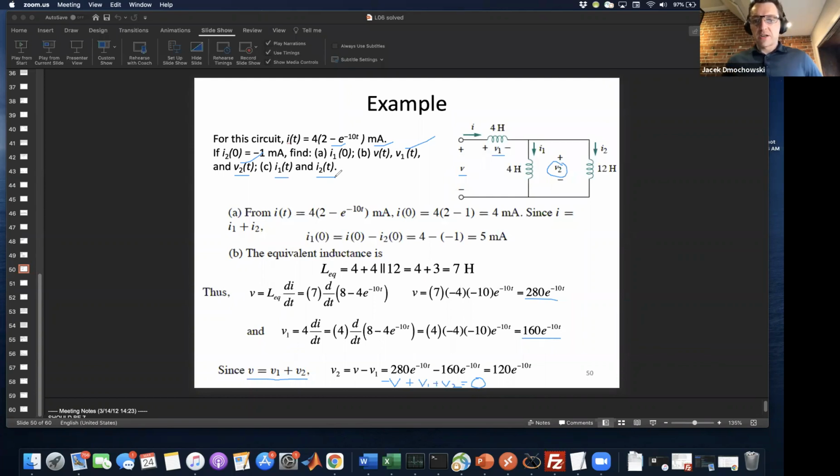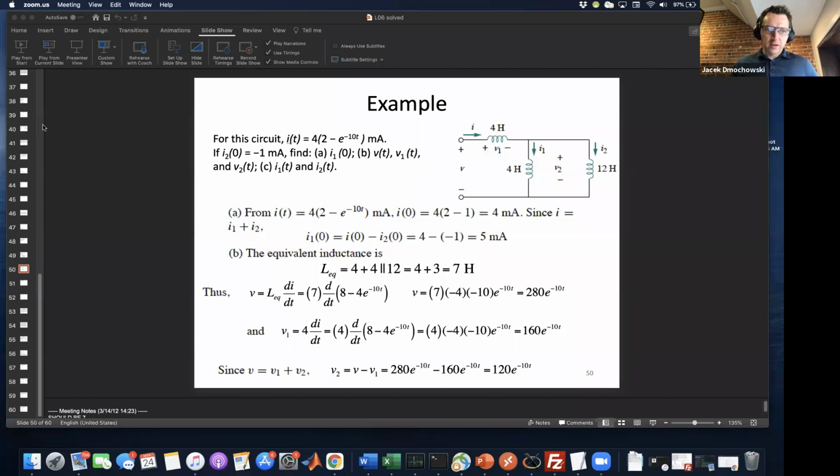So now the question is, for an inductor, I have the voltage, I have the inductance. How do I get the current? Any ideas? Integrate, let's see.